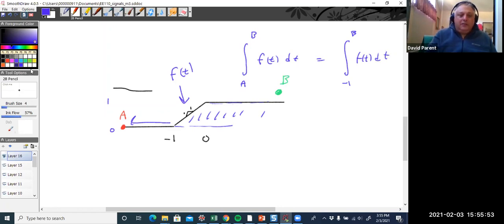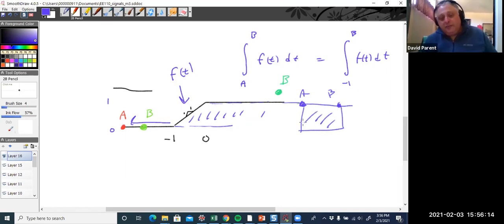And of course, if they're both below, it's going to be 0. And if both are here, right, well, then I just get that box. That should be enough to get you through all that kind of integration homework.